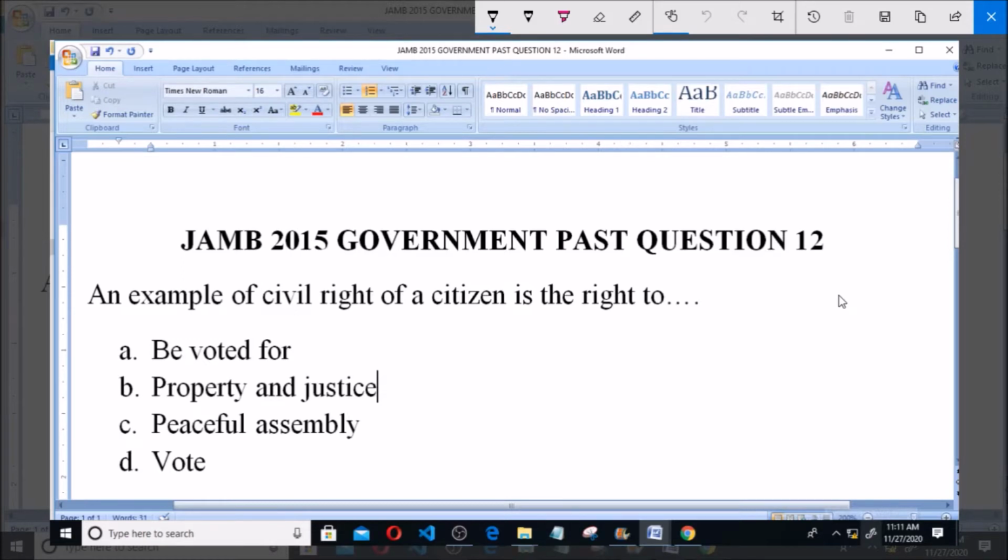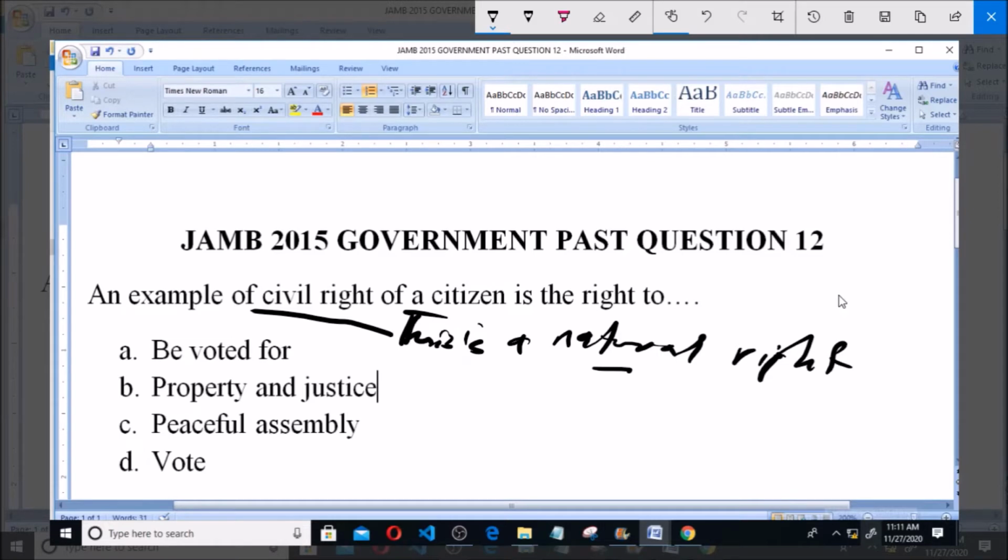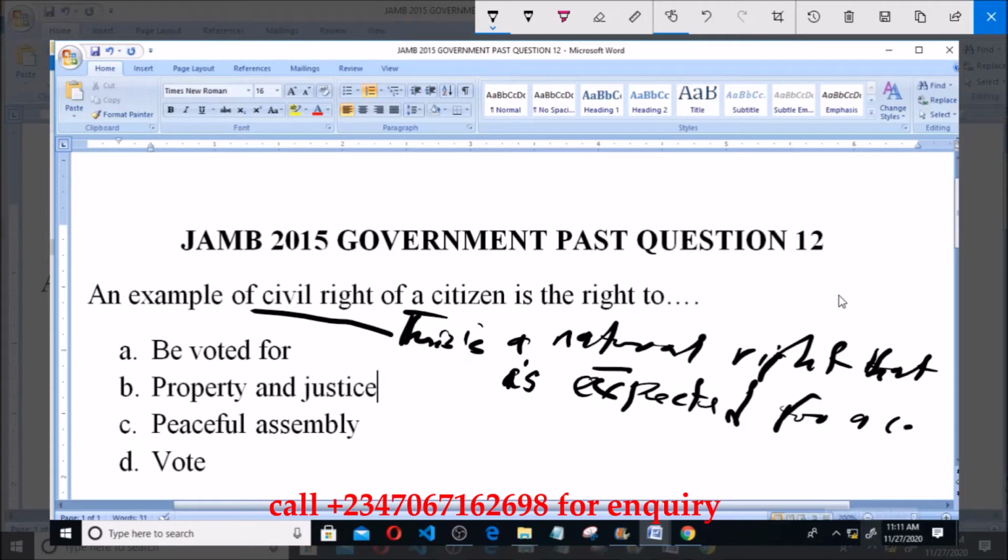Now, when we talk of civil right of a citizen, this is a natural right that is expected for a citizen to enjoy.